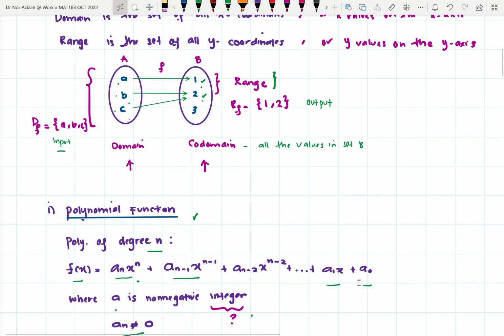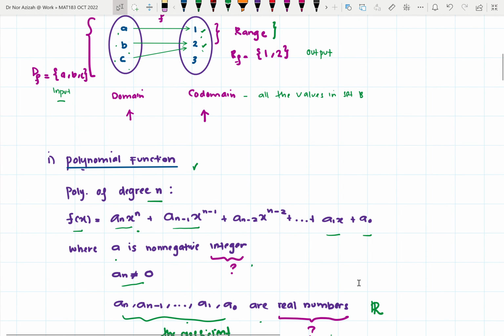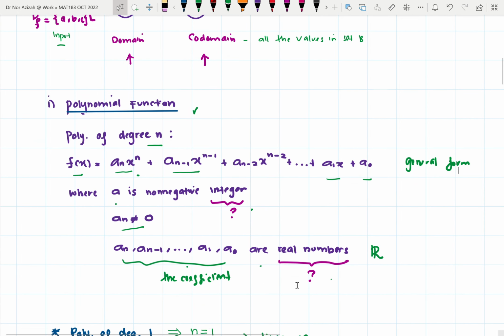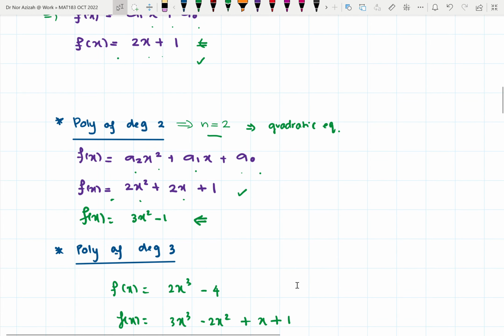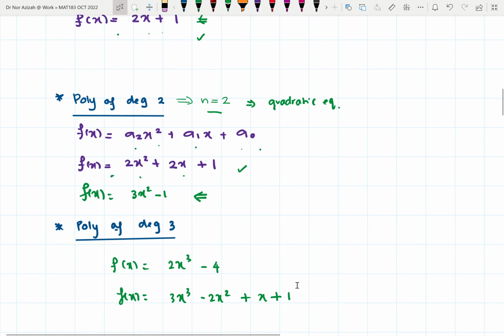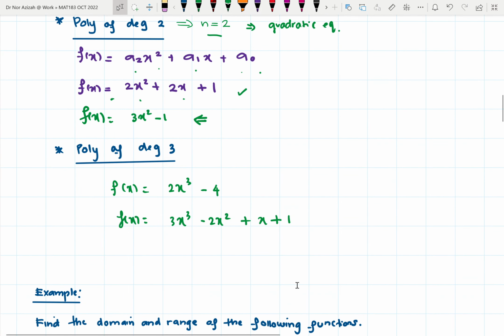So you should know the general form of a polynomial function, polynomial of degree 1, polynomial of degree 2, and so on. Okay, this one is a polynomial of degree 3, or cubic equation. Okay, so I stop here. For example, we will see in the next video.